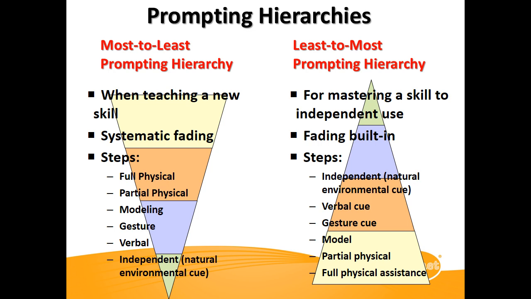Now, if you have a student who visually a gesture isn't going to make sense to, then you might need to do some kind of a touch cue with them. So you see how this kind of prompting hierarchy needs to really be individualized for a student.